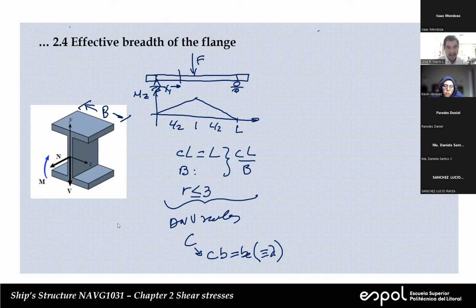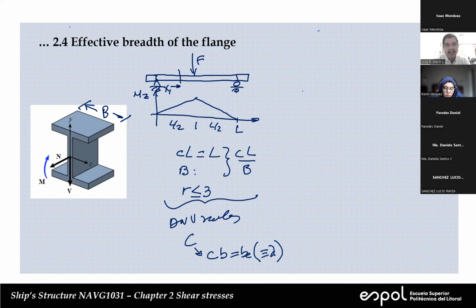Any questions? Okay. Could you explain why R is equal to 3?